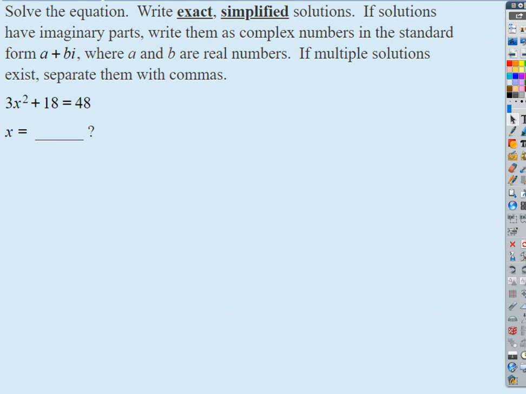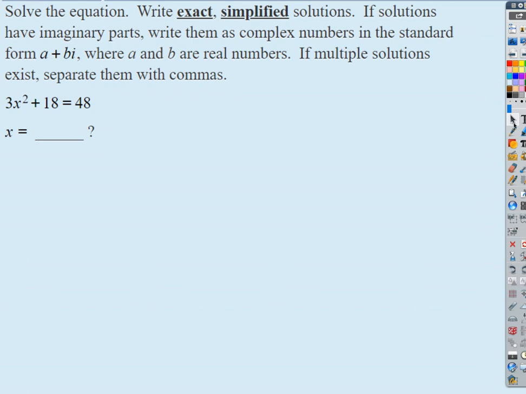What are we doing? So what's our strategy for a problem like this? Isolate x. So what are the steps to isolate x? Subtract 18, then divide by 3, then square root. Yeah.